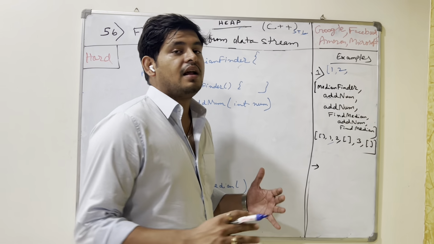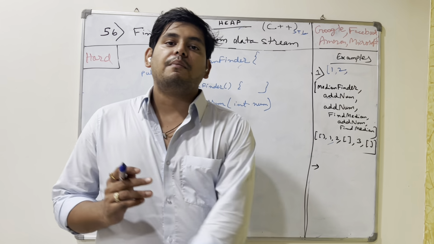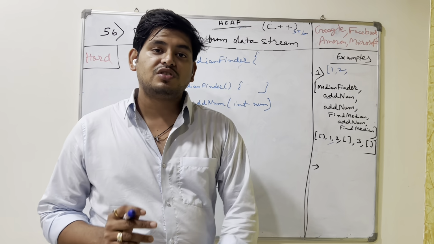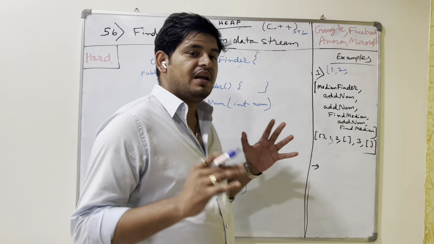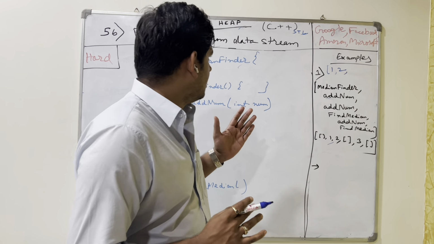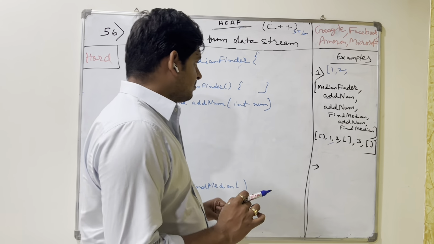What is the median? Median is the middlemost element of a list of numbers which are arranged in sorted ascending order. Okay, so mean, median, mode you have studied before. So we need to find the median.